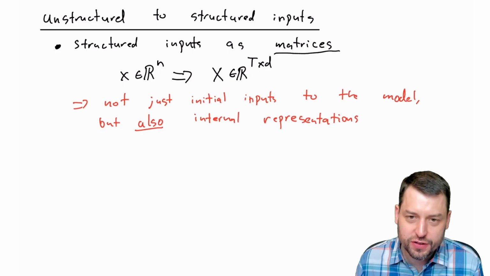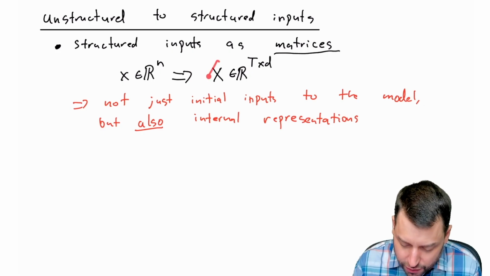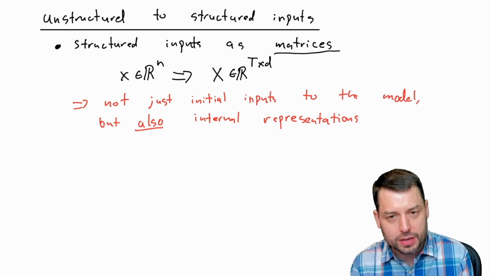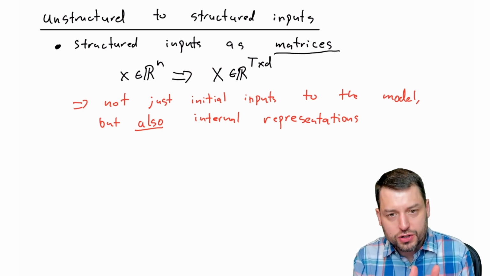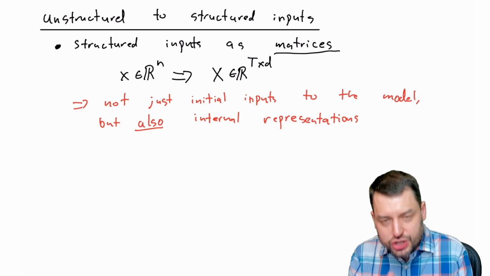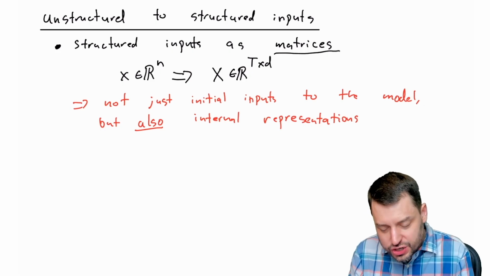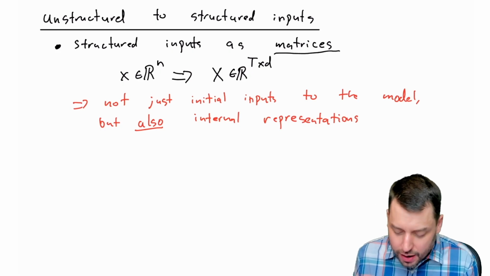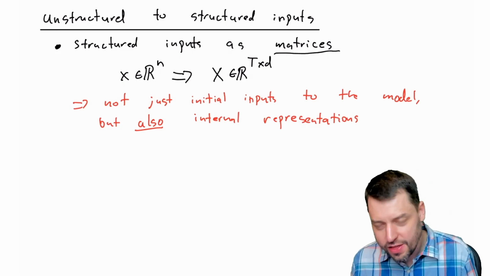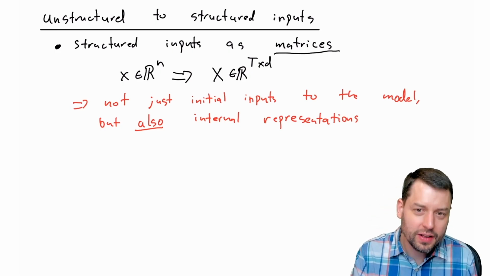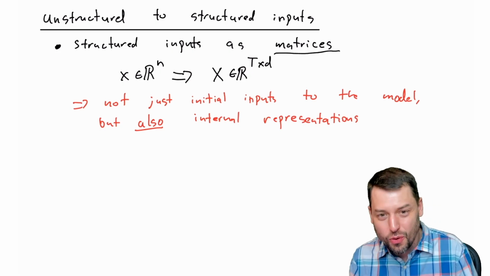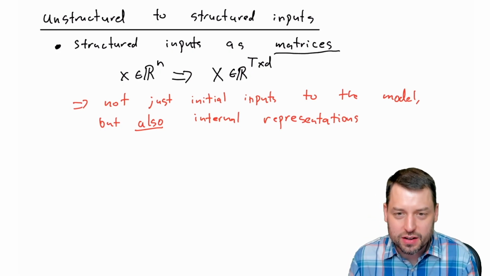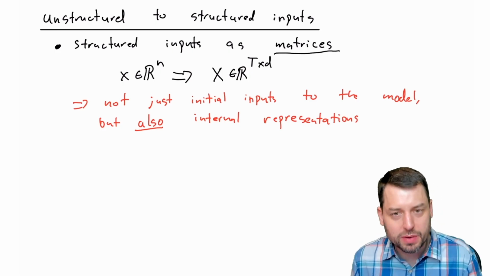For simplicity, I'm going to use this term X as a matrix to represent not just the initial input to the model, but potentially each individual internal representation as well. Depending on usage, this could be the input to one layer, or the very initial input of our model. You have to glean that from the usage, but this is the basic setting here.